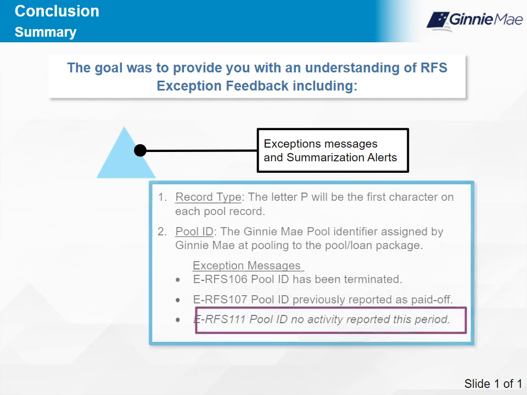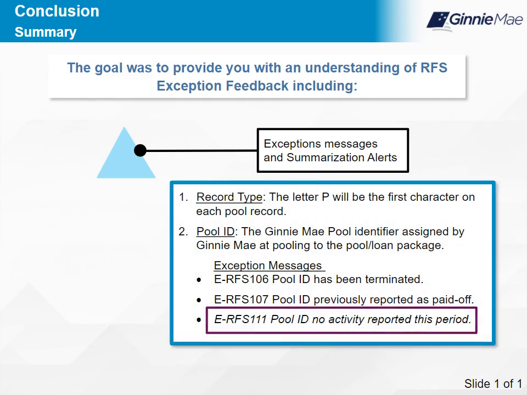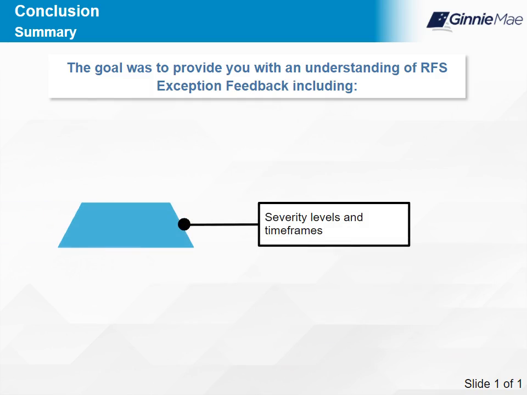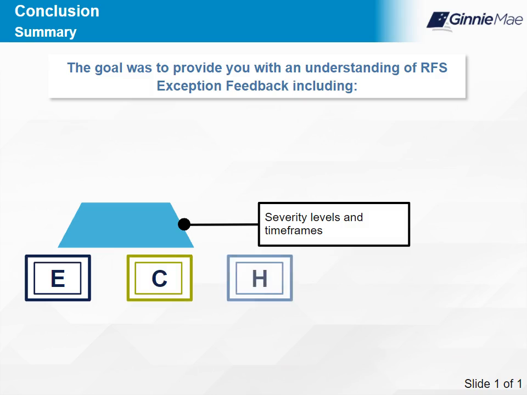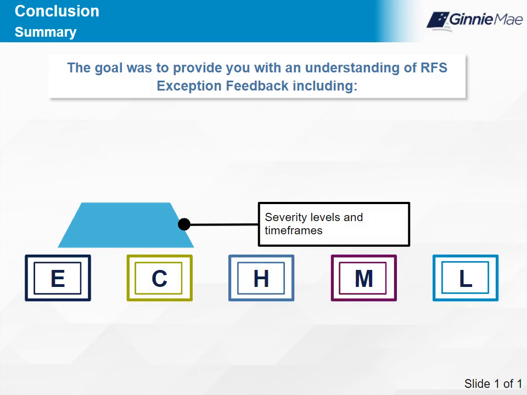You explored the MBS Guide, Appendix 6-19, found in Resources, to understand the common exception messages for each record field. You also learned that summarization alerts provide italicized exception messages that result from inconsistencies between pool and loan level reporting.